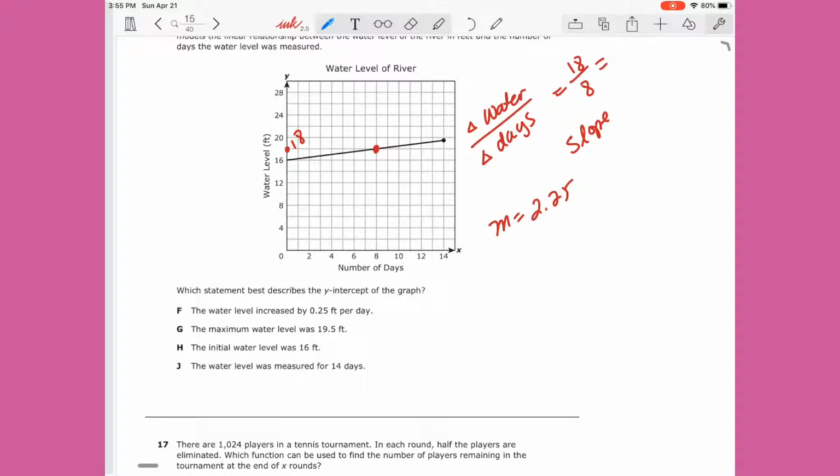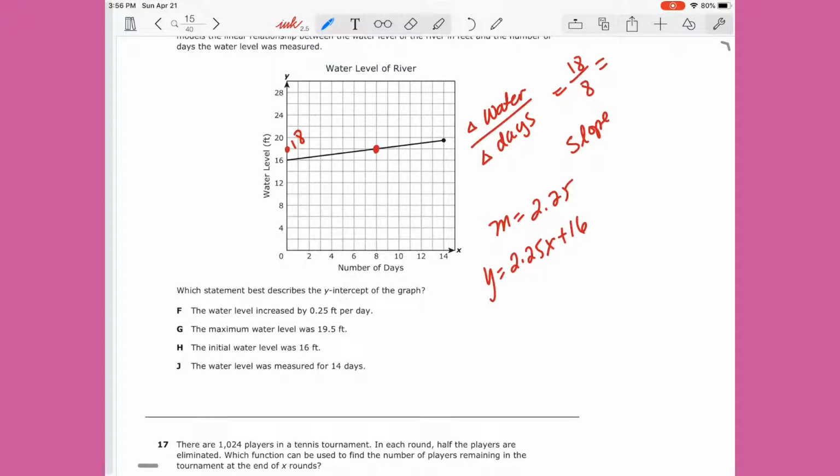Okay, so I have a y-intercept, so my equation would be y is equal to 2.25x plus 16. And so let's put this in our graph, 2.25x plus 16, and I'm going to look at my table.